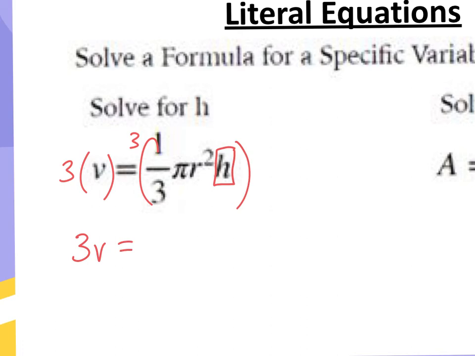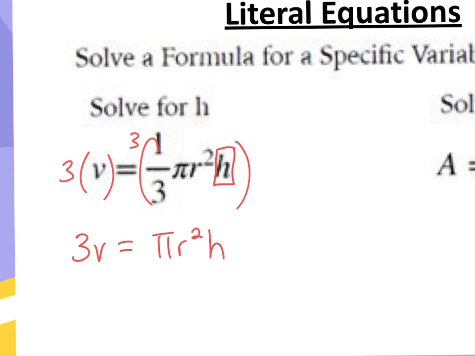This 3 and the 1/3 on the right side are just going to cancel out. If that was 1/3 plus pi r squared h, then I would distribute the 3 to both, right? But since it's one term written all together, being multiplied together, it's only going to that 1/3 in the front. Does that make sense? Okay.